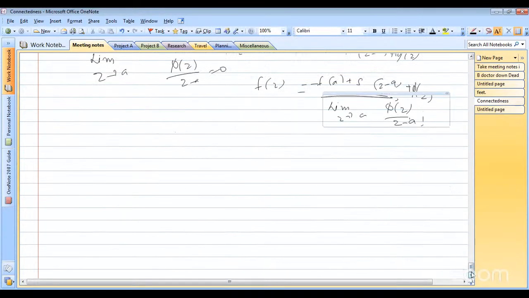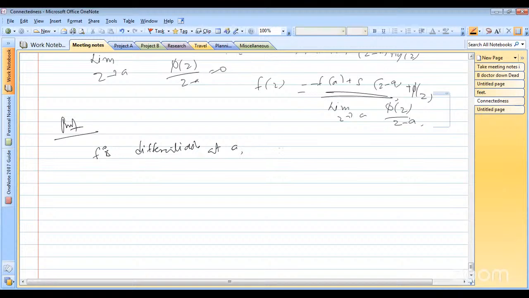What is the proof of this? The proof: f is differentiable at a. We define phi by phi(z) = f(z) − f(a) − f'(a)(z − a).